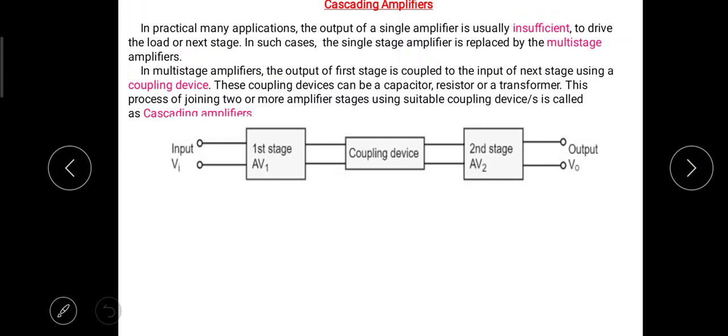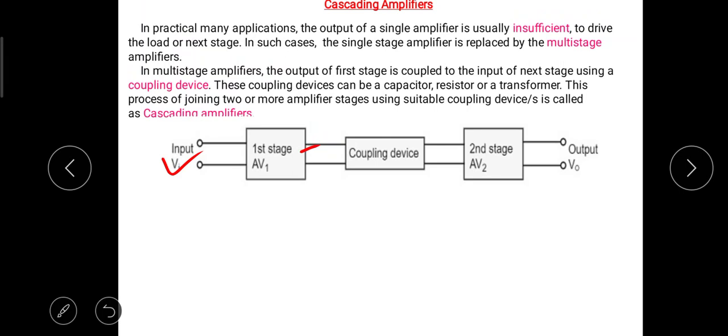See, here is a block diagram of a two-stage amplifier. Here, the input is connected to this terminal. We call it the input voltage Vi, and its output is available at this point. Now, this is the first stage.